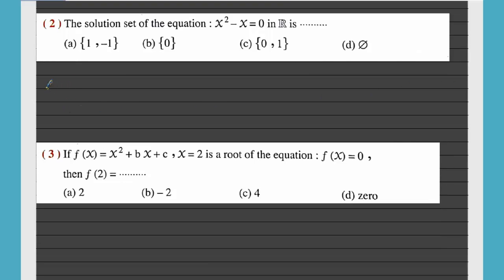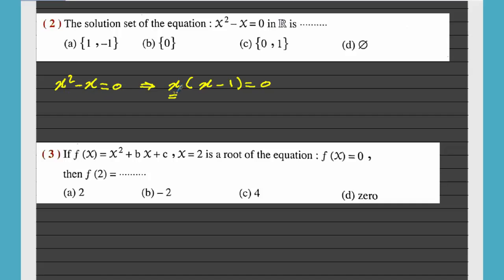We write x squared minus x equals 0 and we factorize it into two factors, x multiplied by (x minus 1) equals 0. How do we factorize it? We factorize it by taking out the common factor. Here we have x squared and x. The common factor here is x. We take it out and we divide by it.